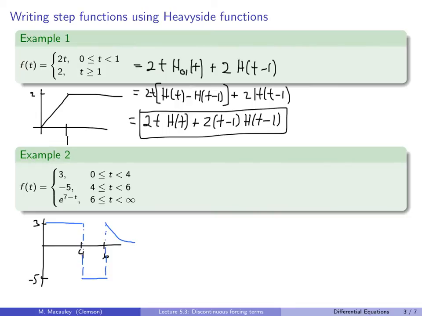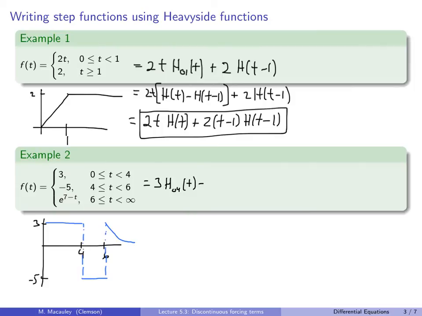So let's do the same thing we did above. Let's break this into 3 pieces. This first piece is the function 3 times the interval function from 0 to 4.